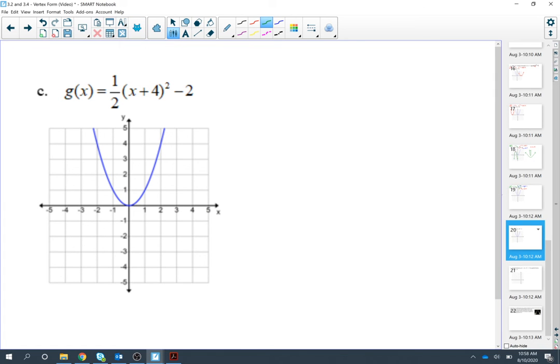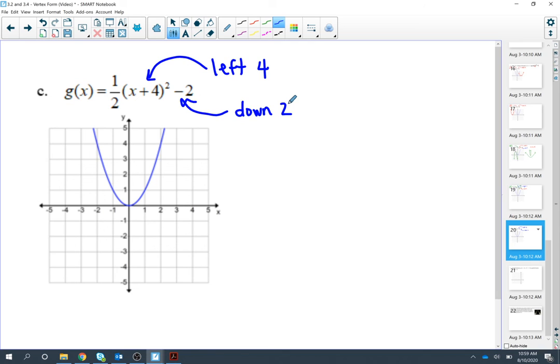Last but not least, g of x equals 1/2 times the quantity (x plus 4) squared minus 2. Left 4, down 2. And label these on your paper. Label the transformations, because if I ever tell you to describe the transformation, this is the describing part.